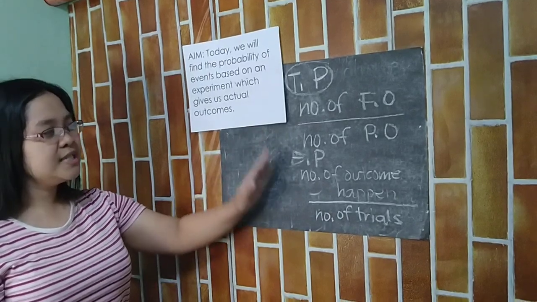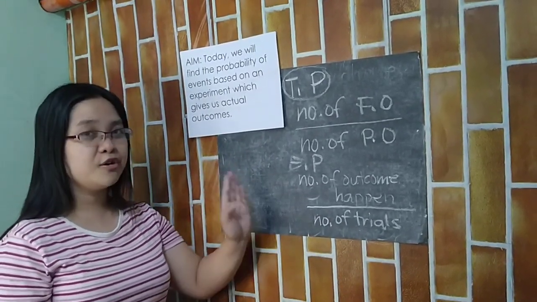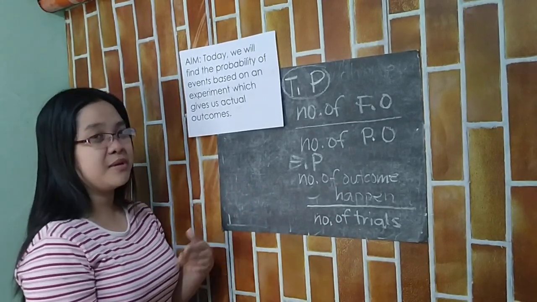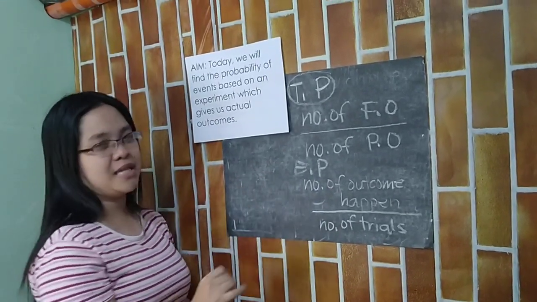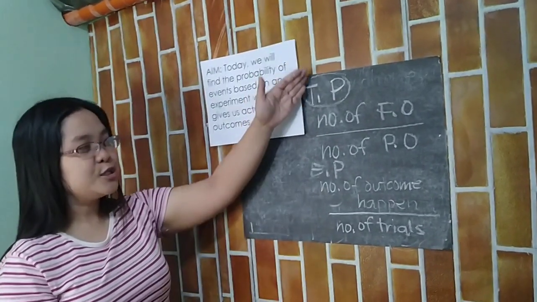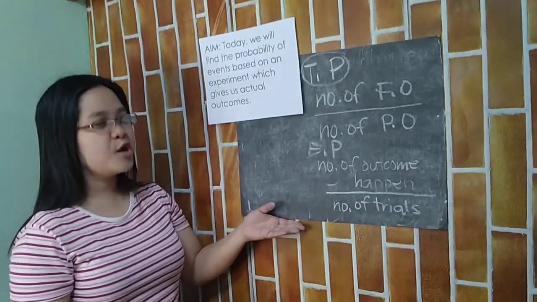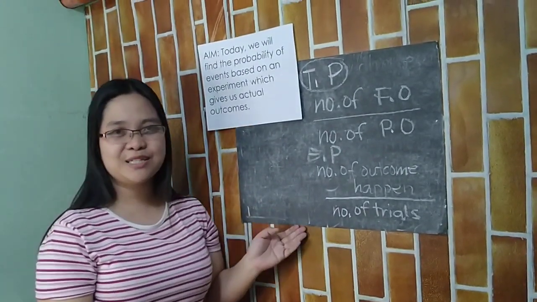This experimental probability is based upon the result of your experiments. That's why from its name, it's experimental, because it is an experiment in nature. So I hope you learned the difference between the two kinds of probability from our today's lesson in math.